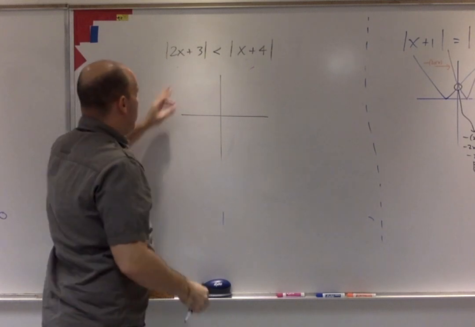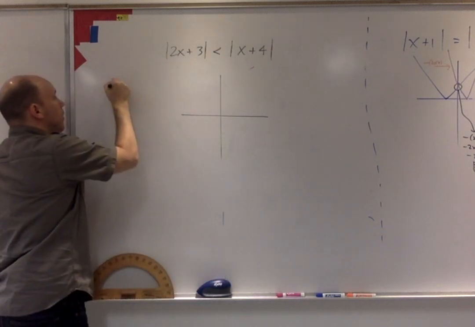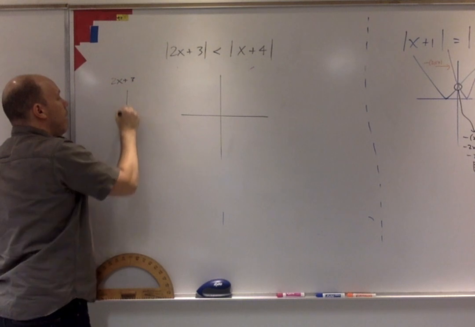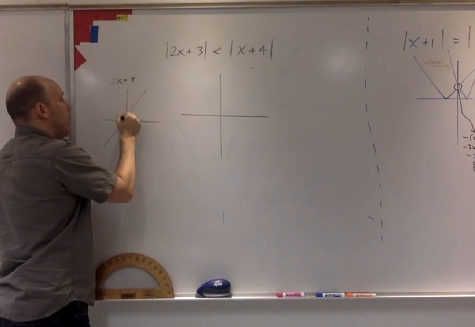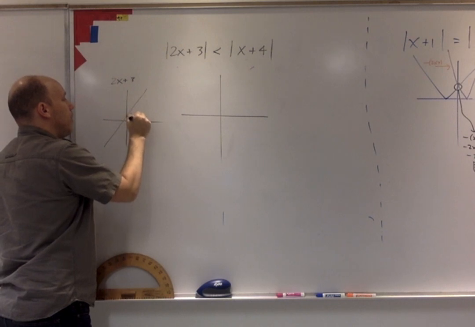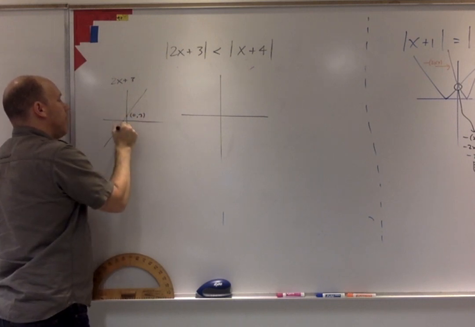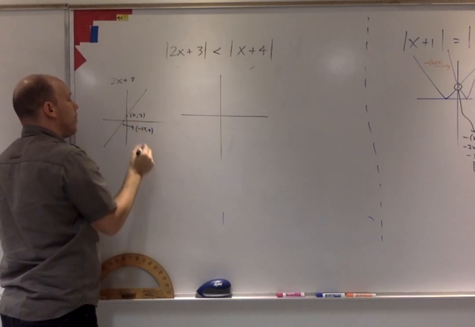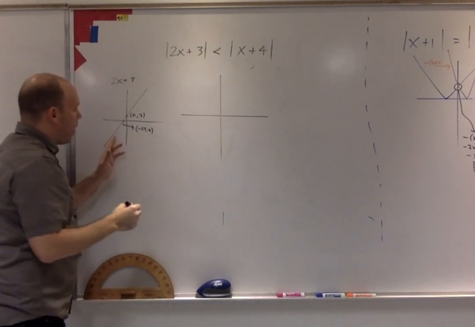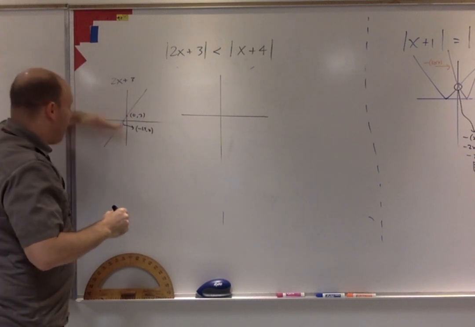So we have 2x plus 3. I'm going to take this on the side. I know that it kind of looks like this, where this is 0, 3, and this point right here is negative 1.5, 0. But because of the absolute value, it's getting flipped up.